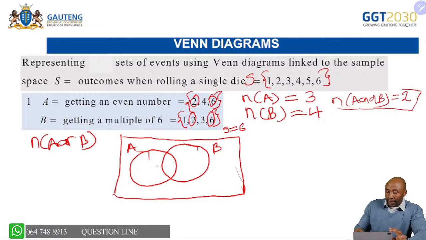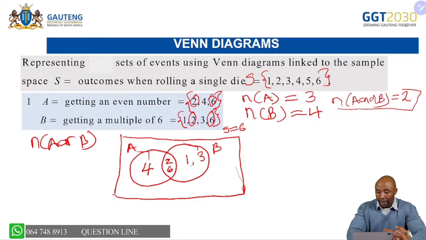What do you realize? I will start filling in from the intersection. So I will write my 2 and my 6 in that region where the 2 sets overlap. And then for set A, I'm left with the 4. I'll write the 4 there. For set B, I will write 1 and 3.